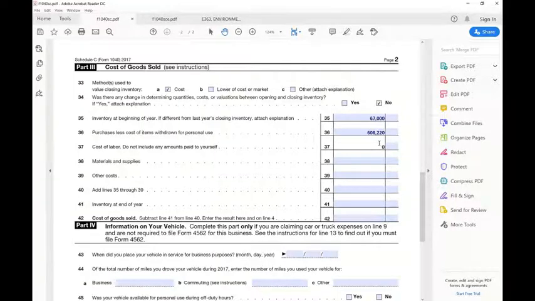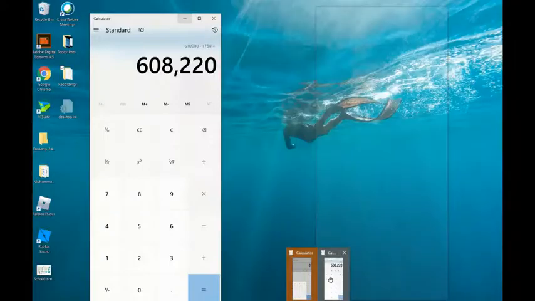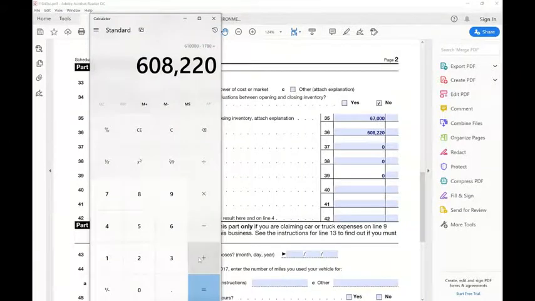Cost of labor, we don't have. Materials and supplies we don't have, or other costs also we don't have. And then add lines 35 through 39. We have only 35 and 36, so we'll add them up. This means the cost of purchases excluding the items for personal use plus beginning inventory, which is 67,000.